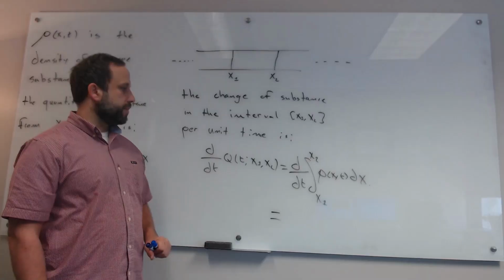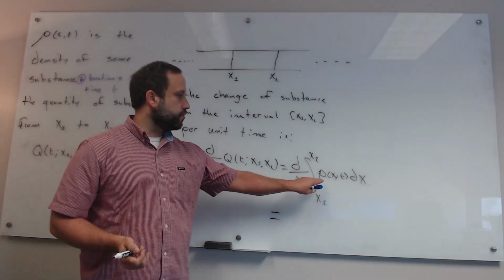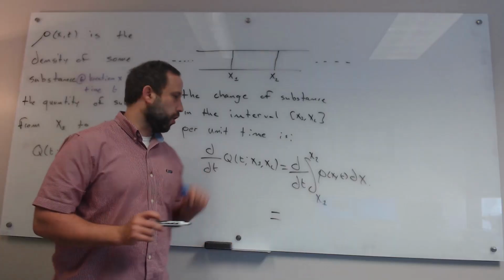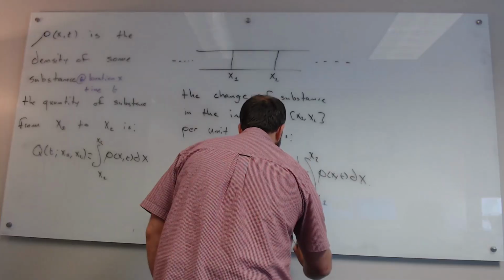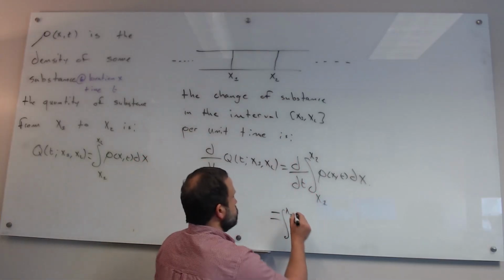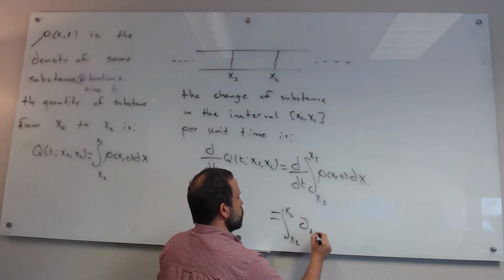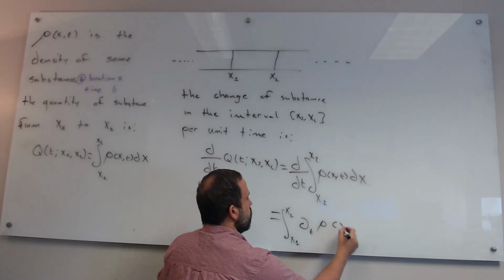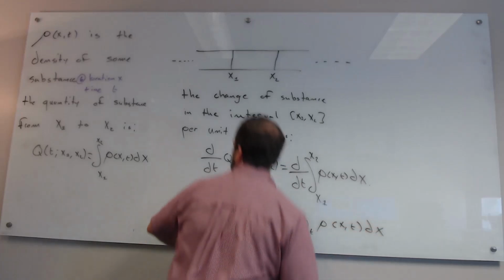The only thing that will look a little bit different is that instead of a regular derivative, it's going to be a partial derivative. So this is going to be the integral from x1 to x2 of the partial derivative with respect to t of rho of x,t dx.